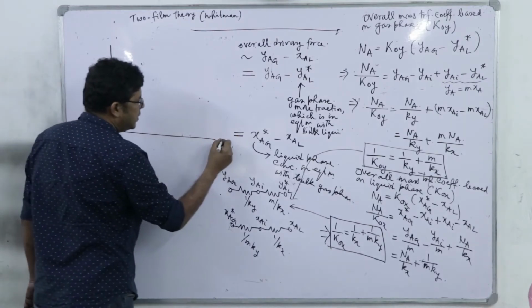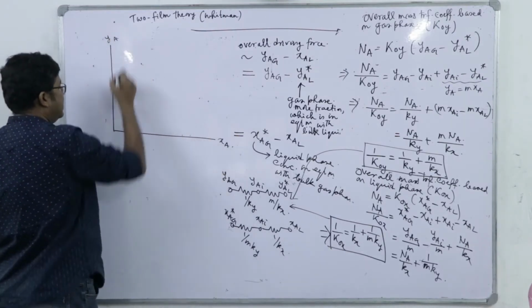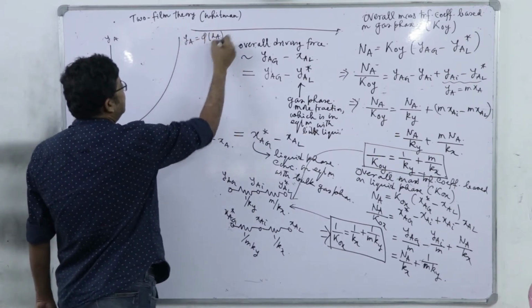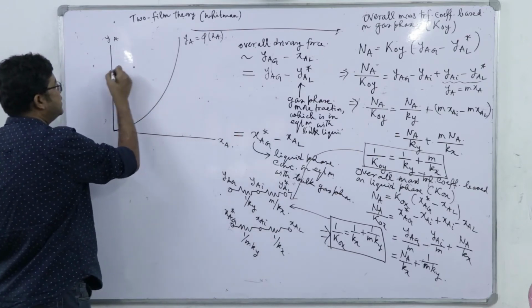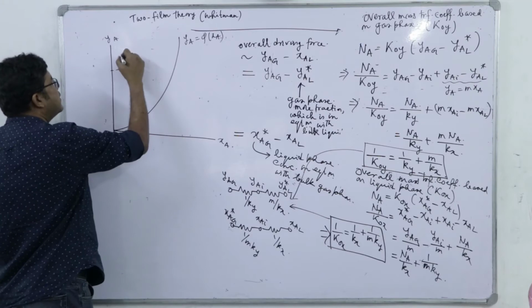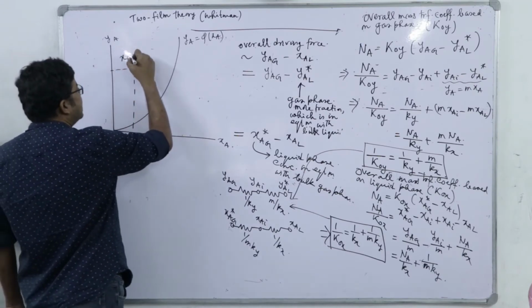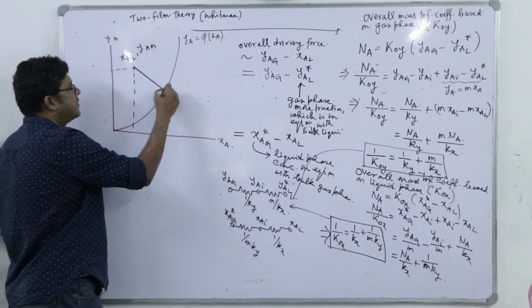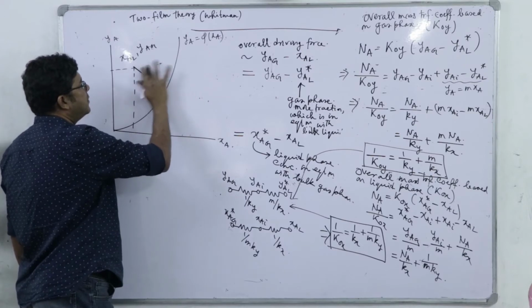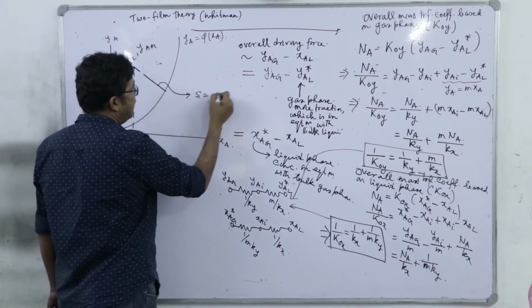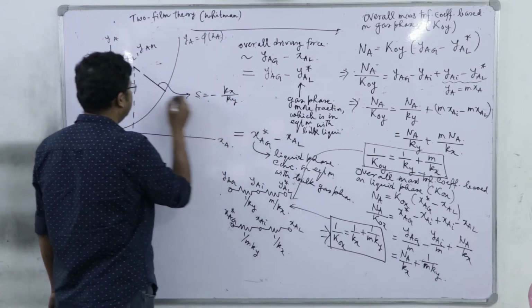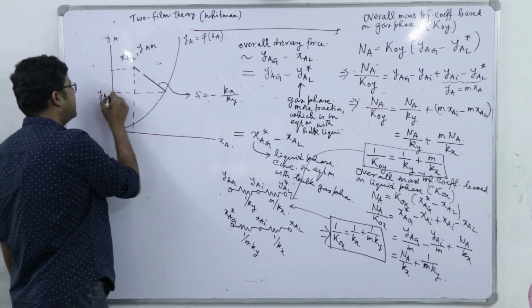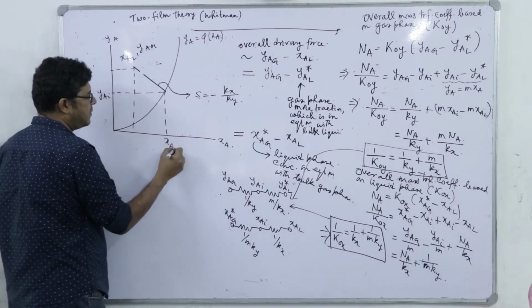So, here it is xa, this is ya, this is a nonlinear equilibrium relation, ya is equal to phi of xa, and we have the point here, this is xal comma yag. So, we have dropped this line with a slope of minus of kx by ky as we have discussed, and this is yai and this is xai, right.